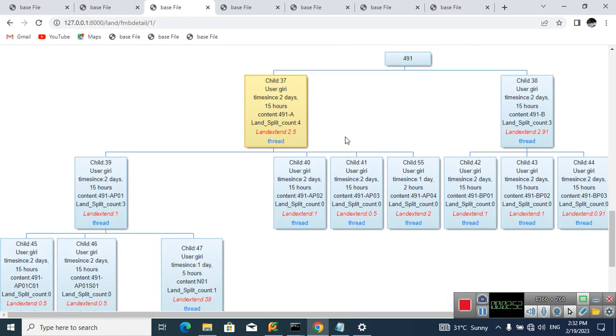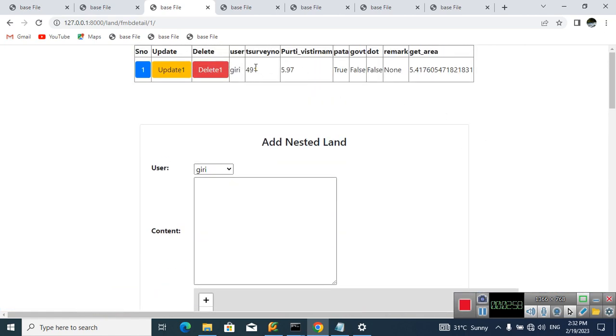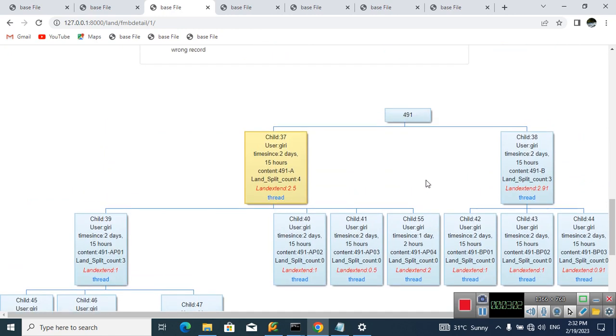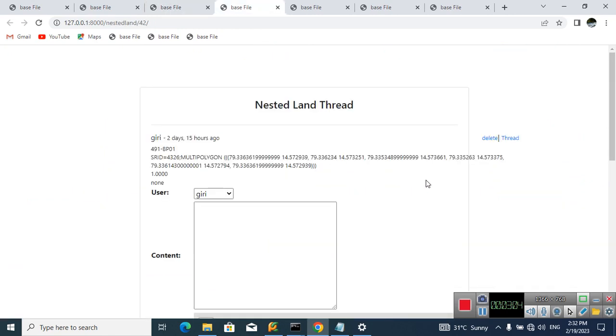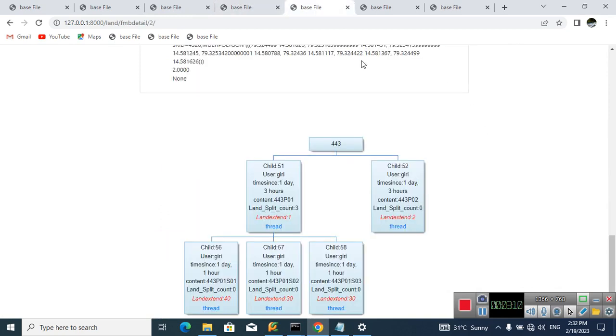This particular vector data with its specific feature generates nested lands. I want to go in a nested manner. This is one more, and this is another one.